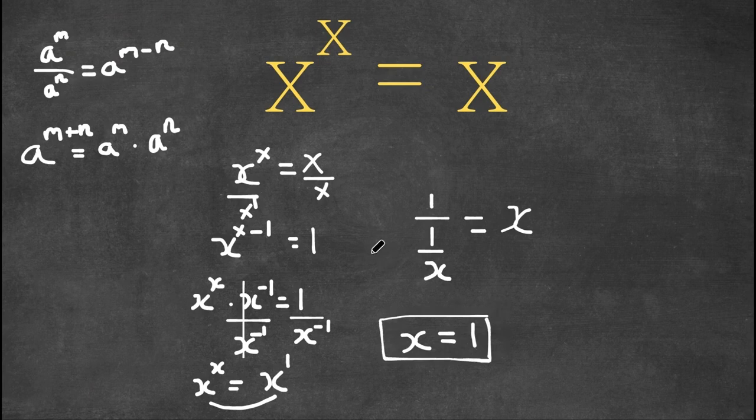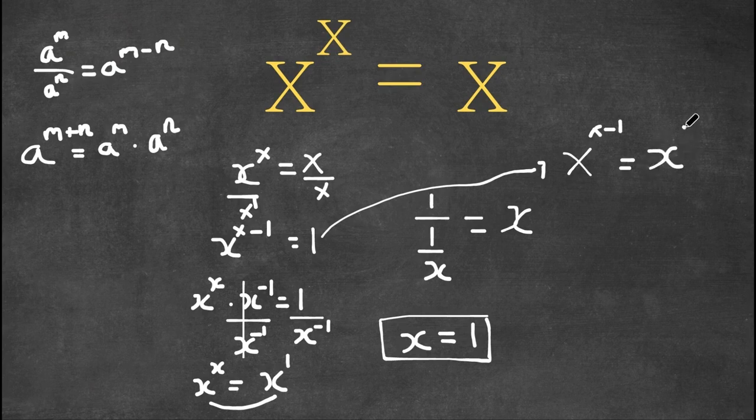However, remember this equation? x to the power of x minus 1 equals 1. Well, I'm actually going to rewrite this as x to the power of x minus 1 equals x to the power of 0, because 1 here is the same thing as x to the power of 0.